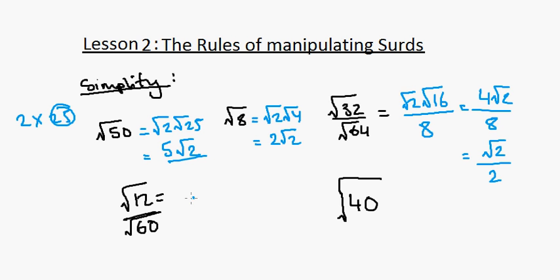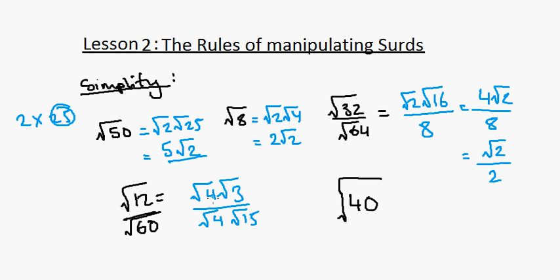You have 4 times 3. Root 4 times root 3, of course, but just for simplicity I say 4 times 3. And then you have 4 and 15. 4 times 15 is 60.